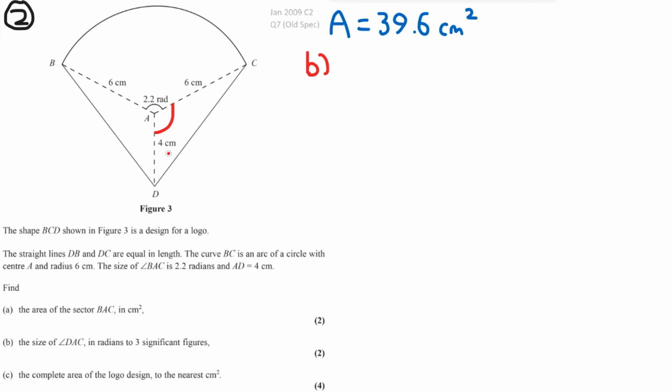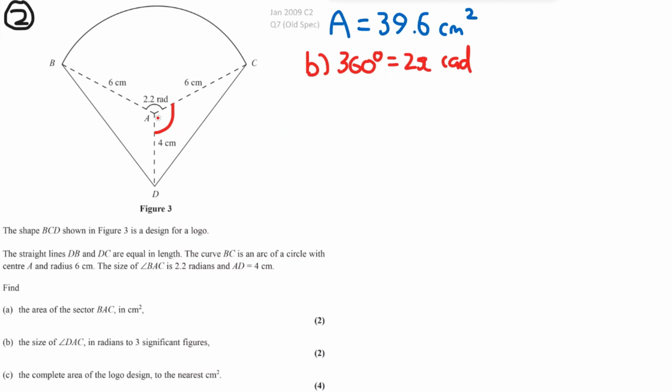And this is really helpful for us figuring out the question, because we have 3 angles here, and we know that angles around a point add up to 360 degrees. So therefore, this angle, this angle, and this angle are going to add up to 360 degrees. As we're working in radians, remember, 360 degrees is equal to 2 pi radians. So angles around a point add up to 2 pi radians.